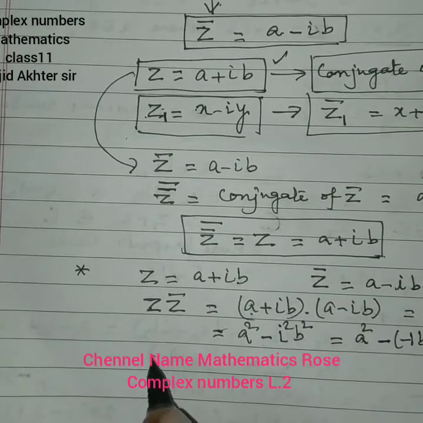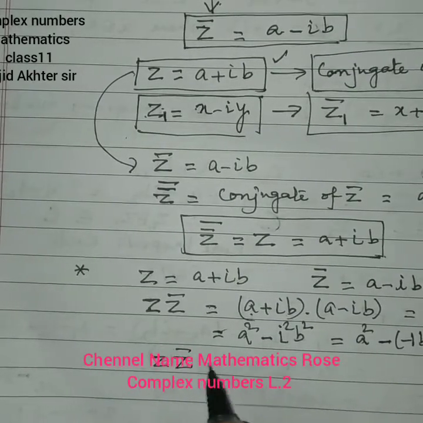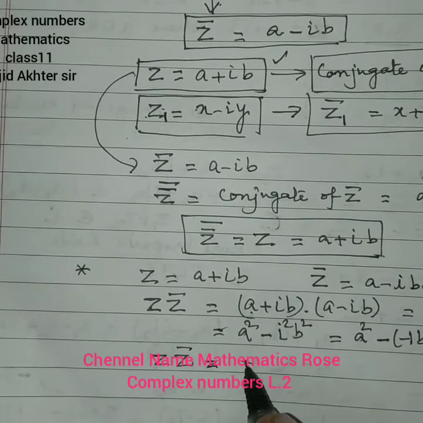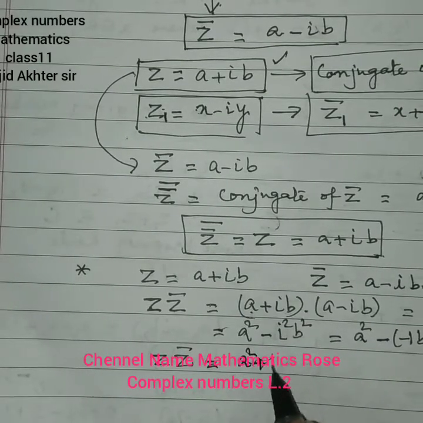So now z into z bar is equal to a square plus b square.